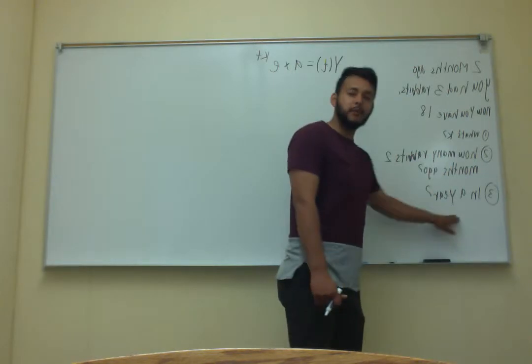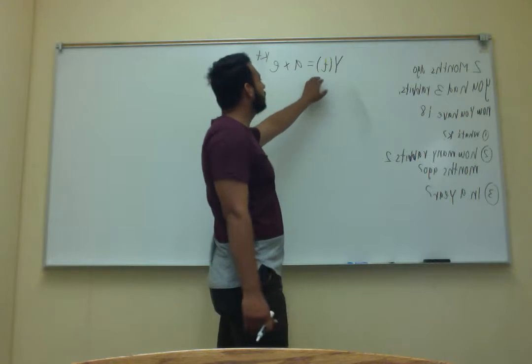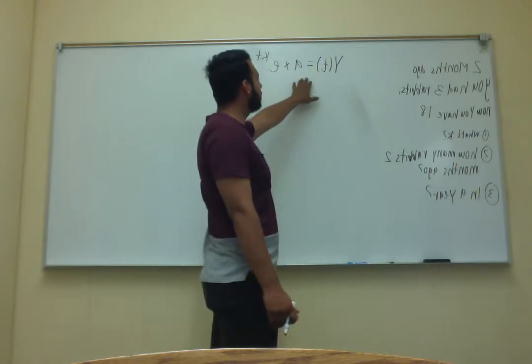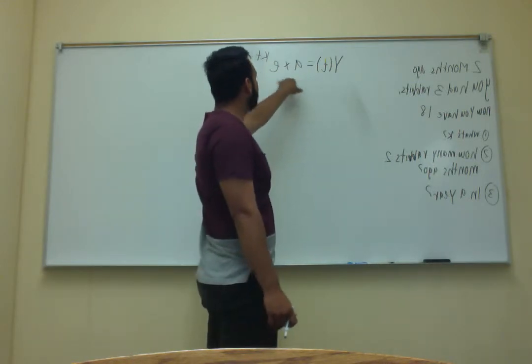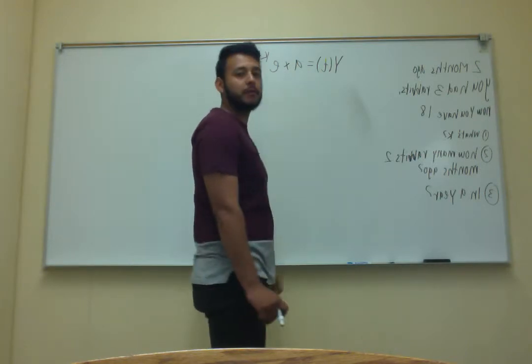This is the main function that we're going to try to solve for. y(t) = a times e to the power of kt is our formula for solving this.